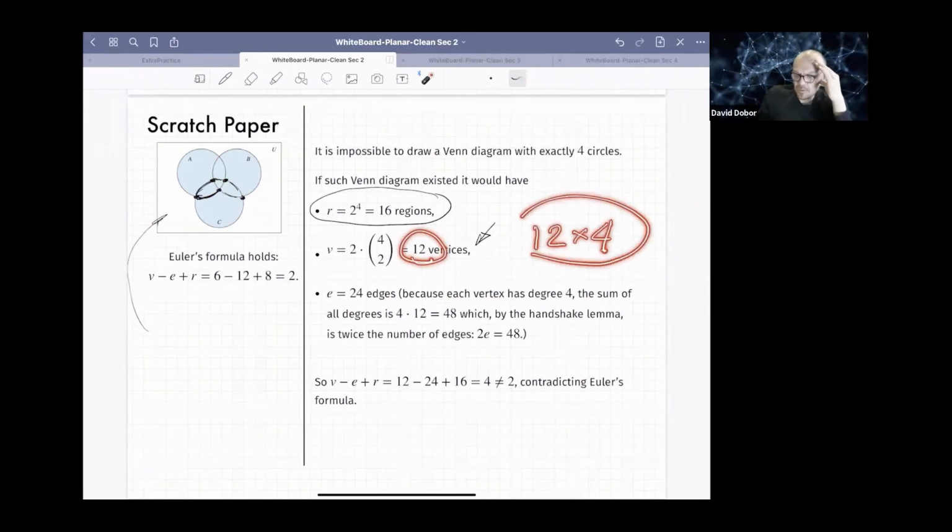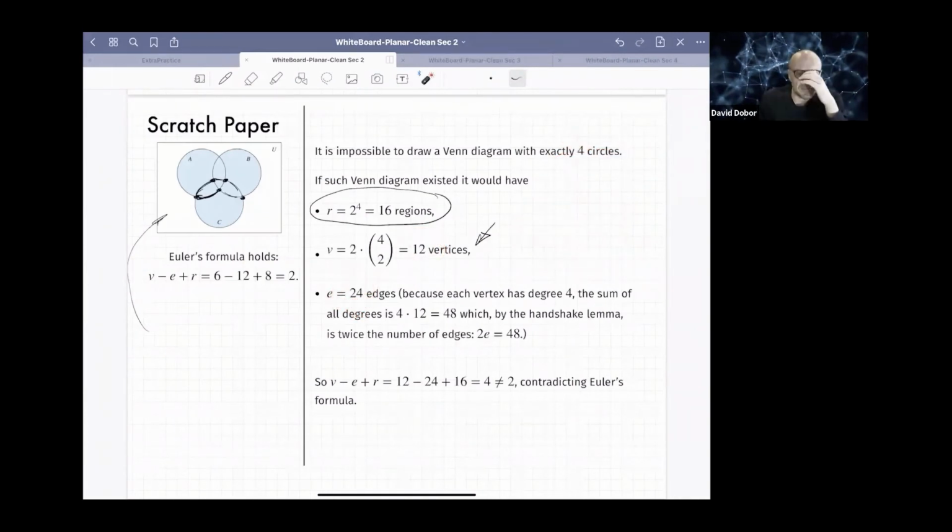This is the total sum of degrees, which must be twice the number of edges, by the handshake lemma. Do people remember? So 12 times 4 is twice the number of edges. Therefore the number of edges has to be half of 12 times 4, which is 24 edges. That's the bottom line.